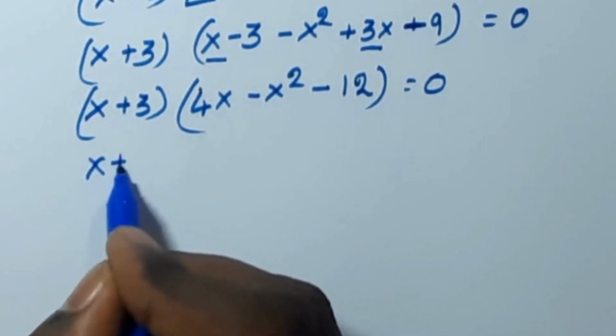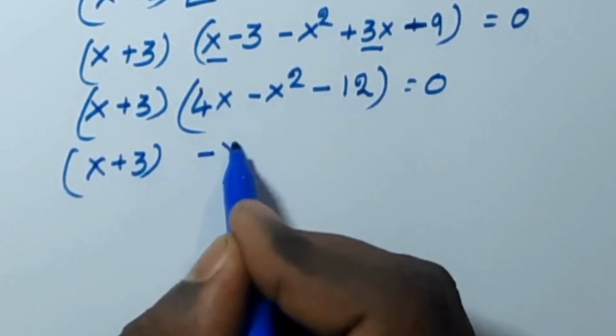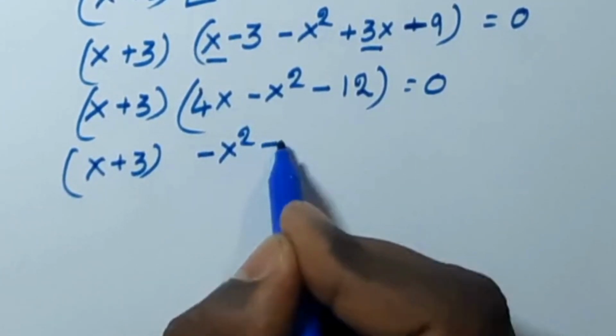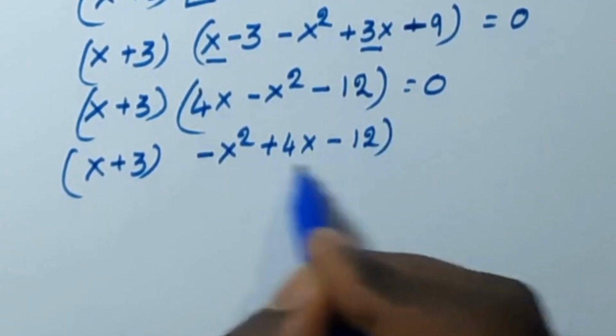Now x plus 3, this can be written as minus x square plus 4x minus 12 equal to 0.